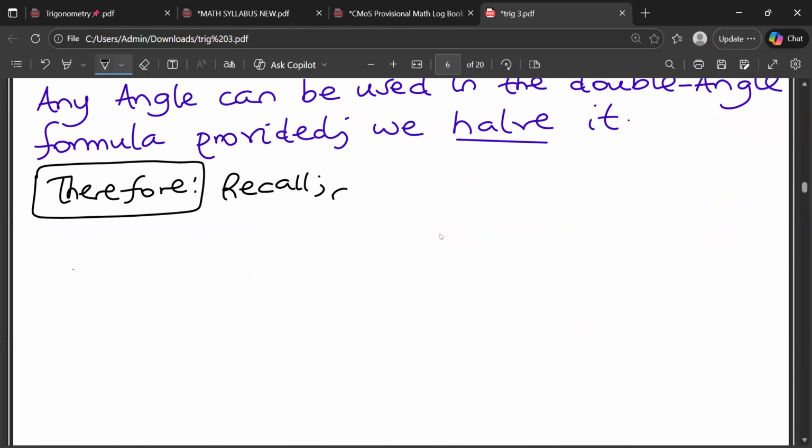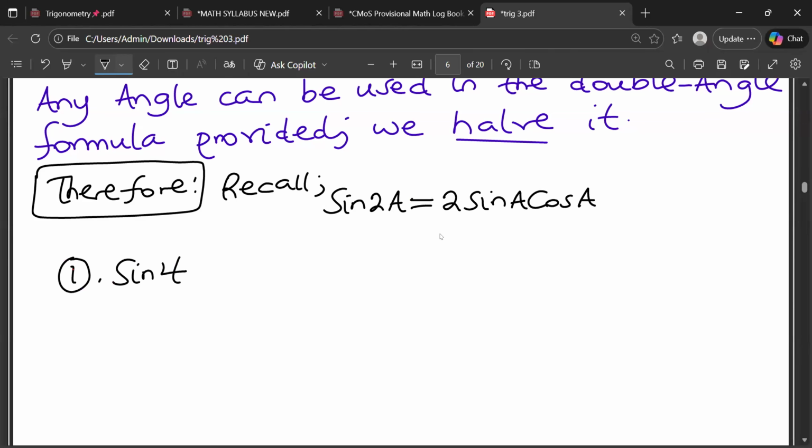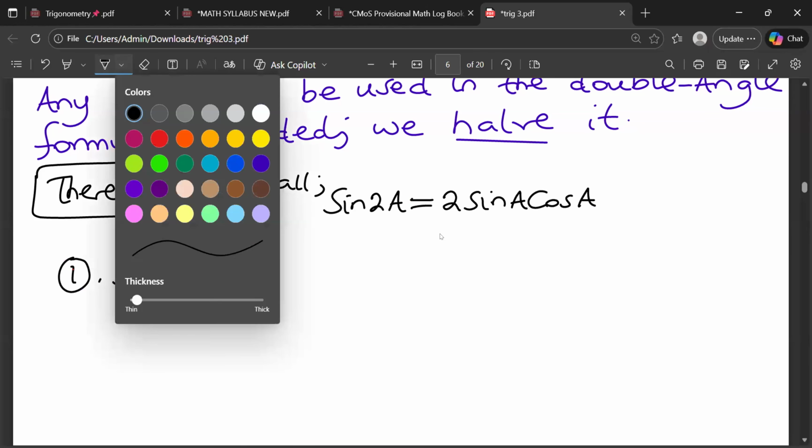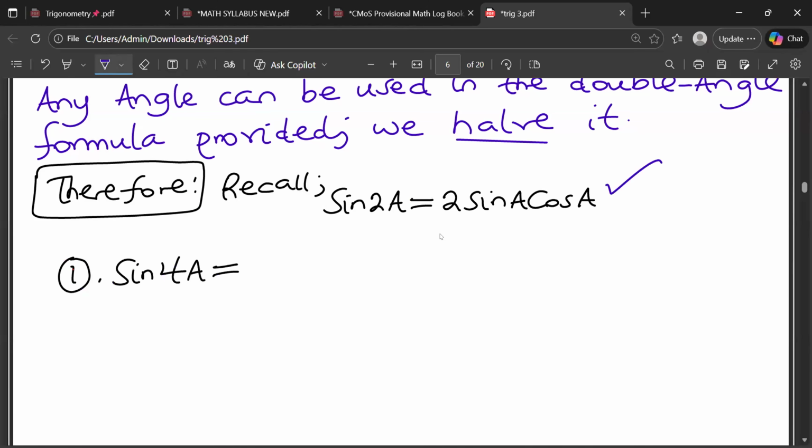So recall that sine 2a is 2 sine a cos a. So let's begin with sine 4a. You write for me the answer of sine 4a in the chat as I try to get another document. So sine 2a is like that. So what of sine 4a?